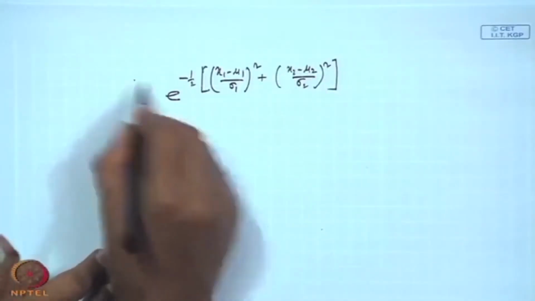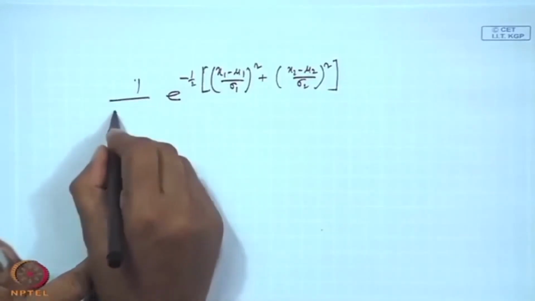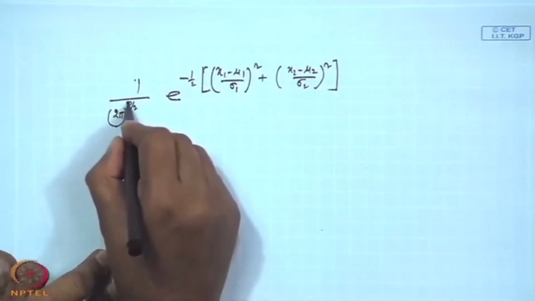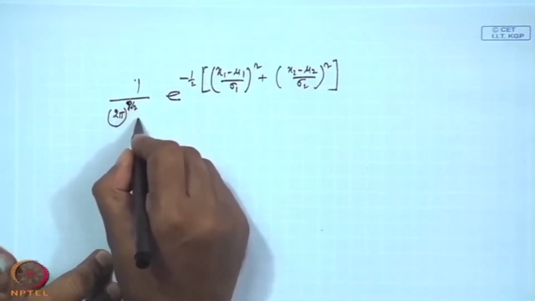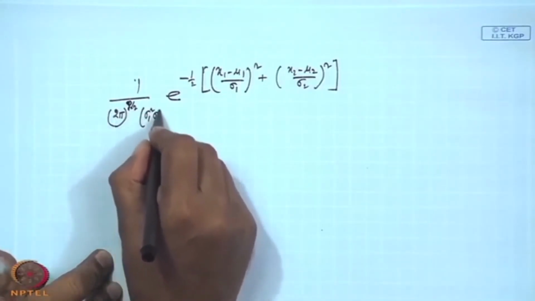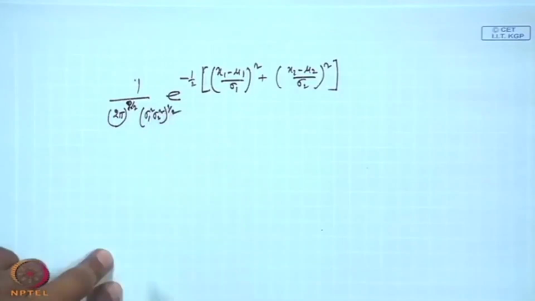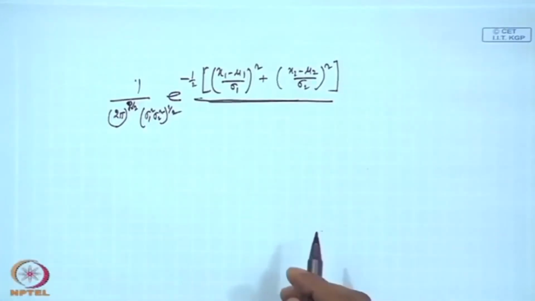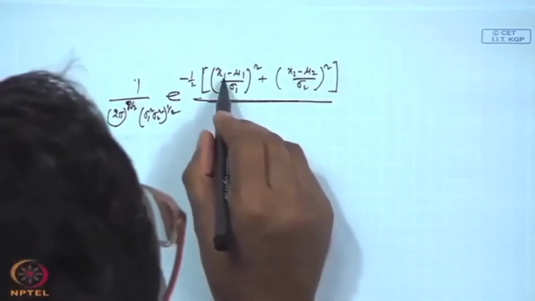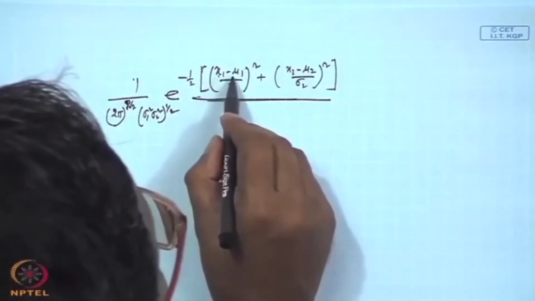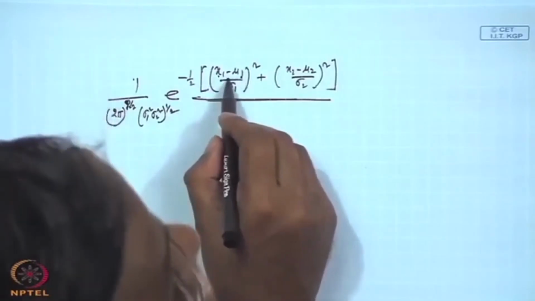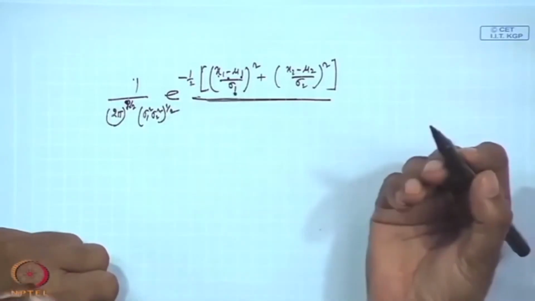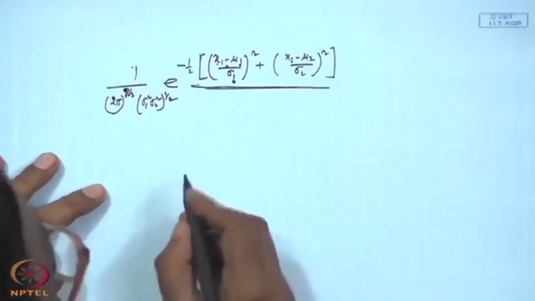This portion is the exponent term. You see that x1 minus mu 1, that is the mean subtracted, divided by its standard deviation, then squared.